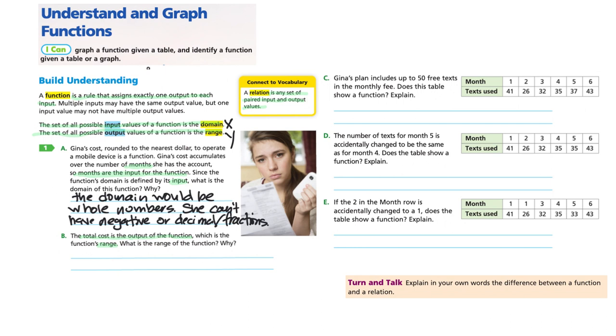The cost of the phone was already higher than that. So you could say multiples of 50 greater than or equal to 100, because that's where she started.